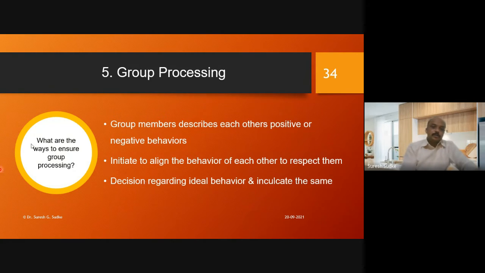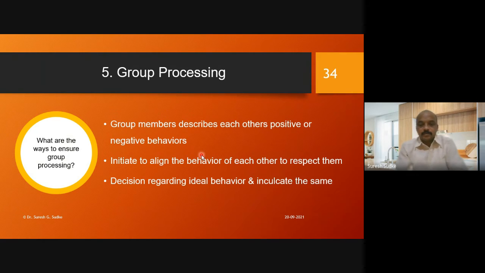So, what are the ways to ensure group processing? Group members describe each other's positive and negative behavior. While working with each other, we should carry out a SWOT analysis of every individual, and we have to overcome the weaknesses.